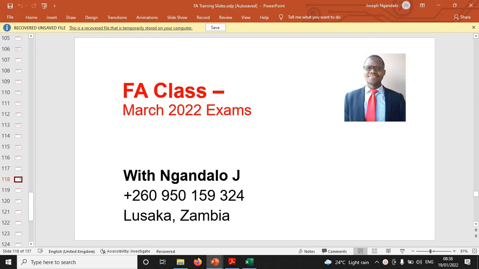It is a process of recording and summarizing business transactions. Very important. You need to know the definition, at least the description of your subject.